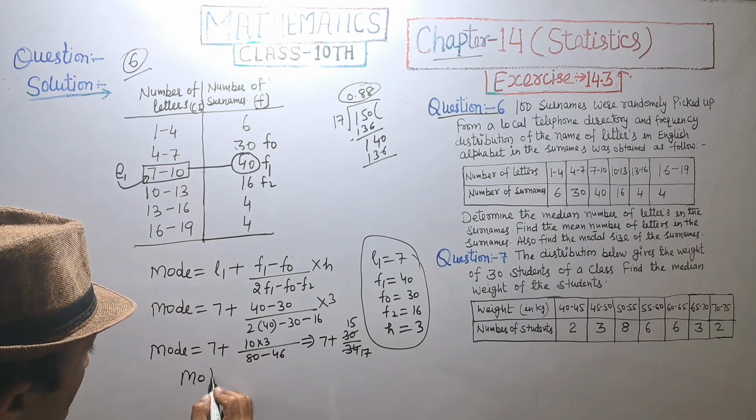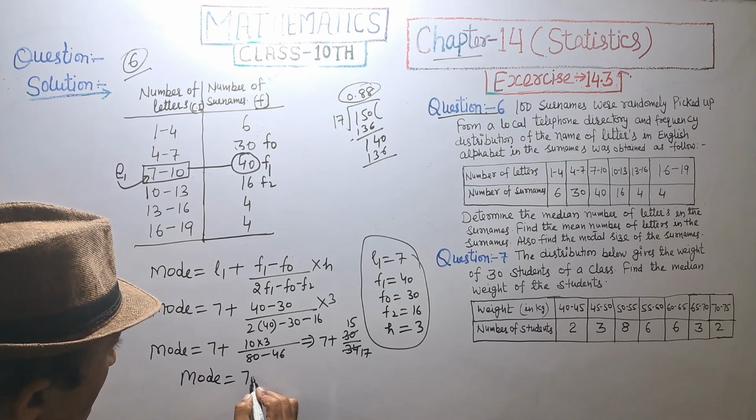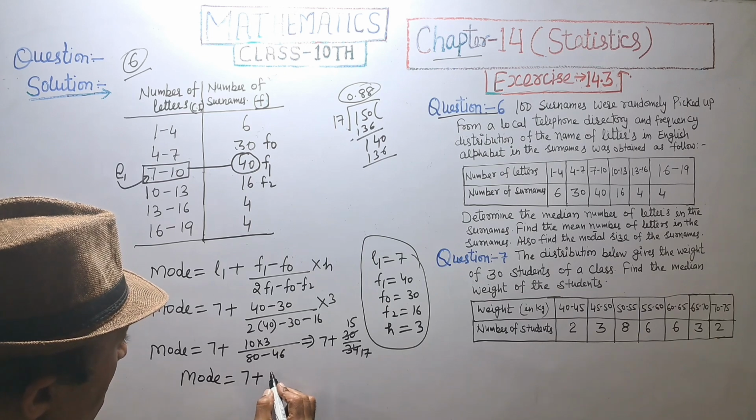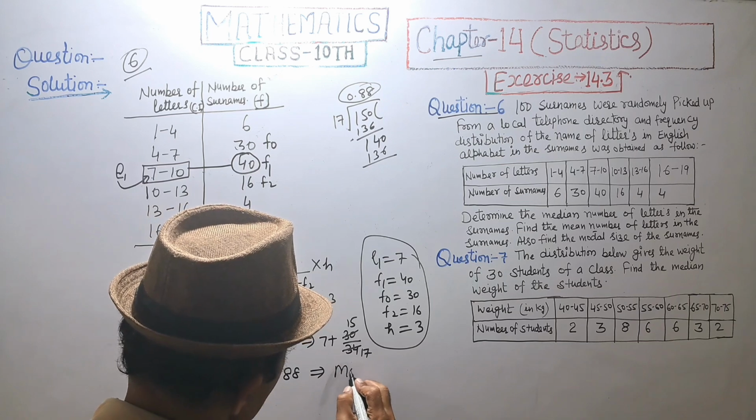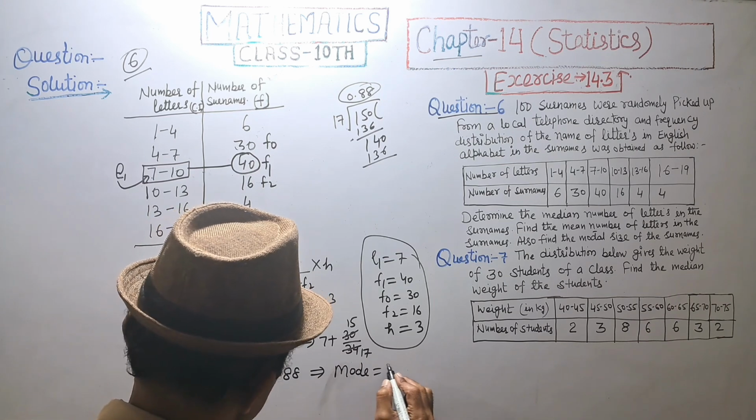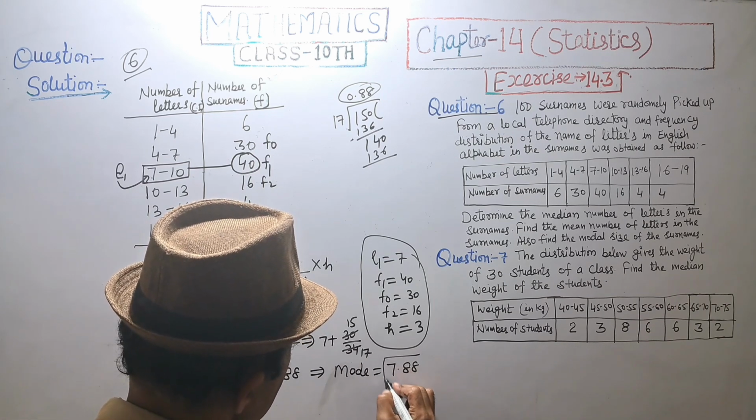So mode is equal to 7 plus 0.88. Mode is equal to 7.88.